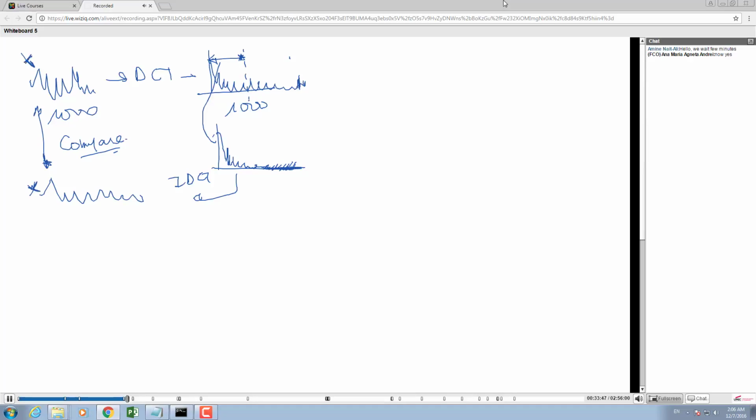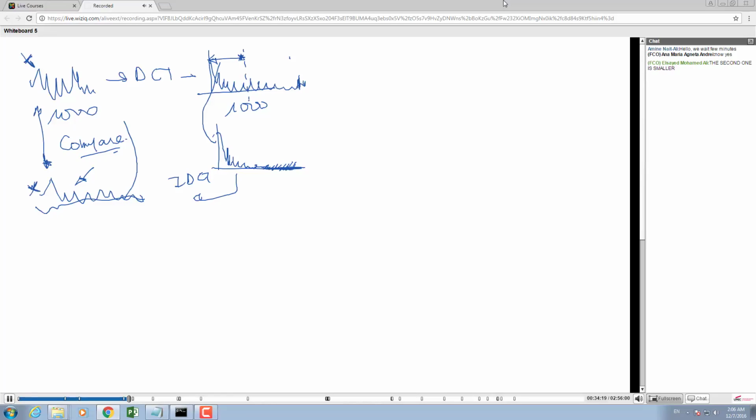What's the difference between this one and this one? Can you tell me? In this signal, high frequencies are missing, but the size is optimized, because this one, the original one, as I said, if each sample is 1 byte, you multiply it by 1000, so you have 1000 bytes, okay?